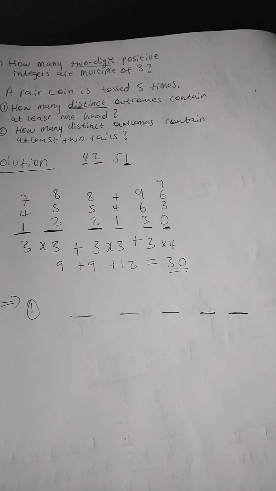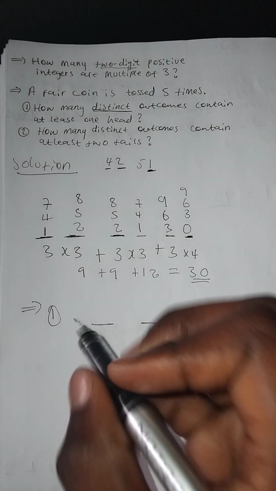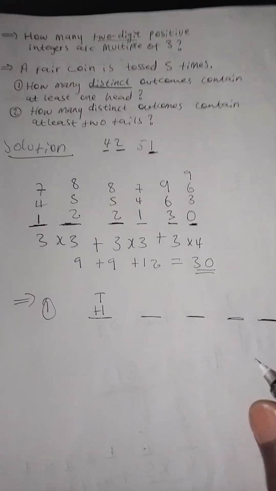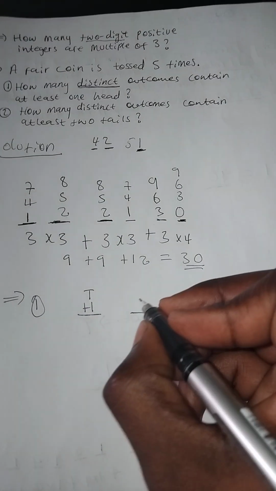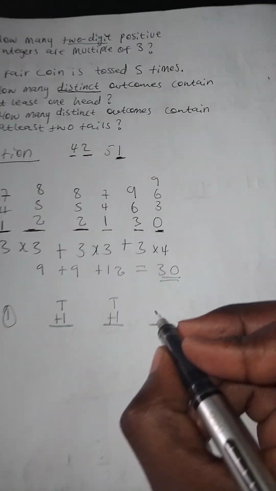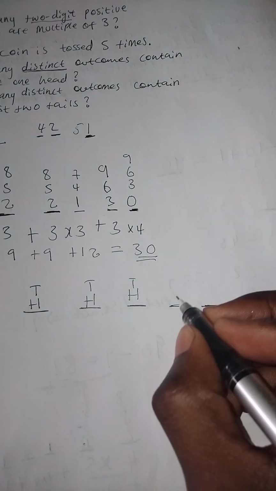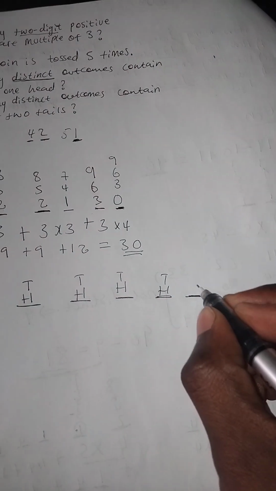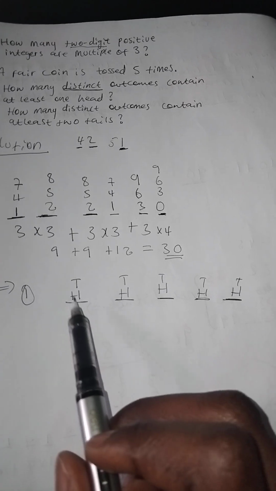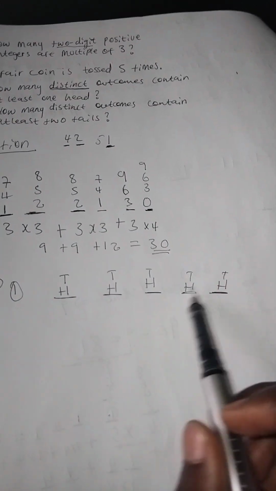If you toss a coin, the possibilities are either head or tail, isn't it? So there are two possibilities for all of them. I want to find the total space of this. So you can say head or tail, head or tail, head or tail. If repetition is allowed, each slot can be accommodated by head or tail.